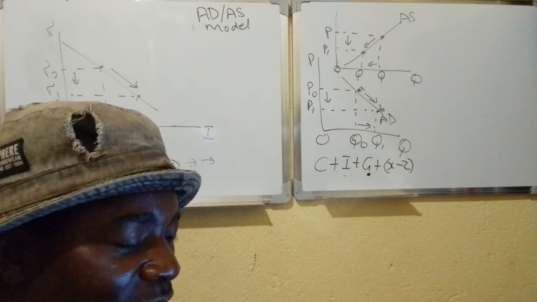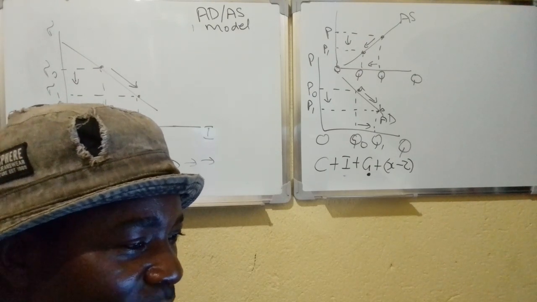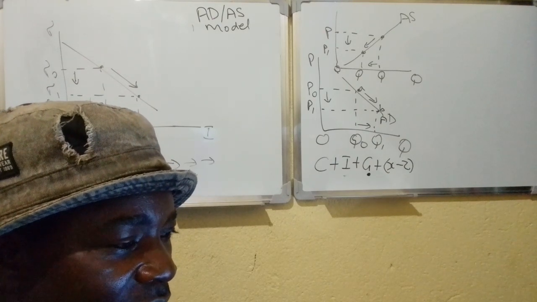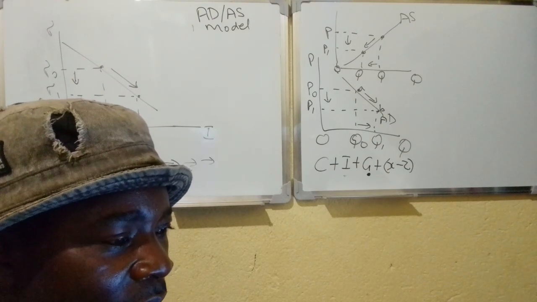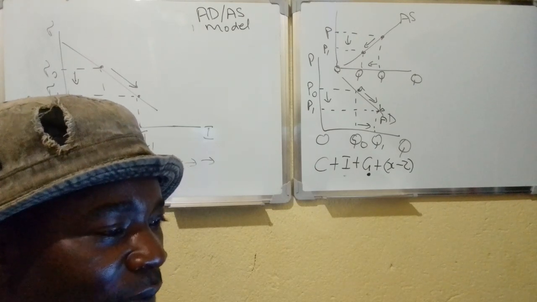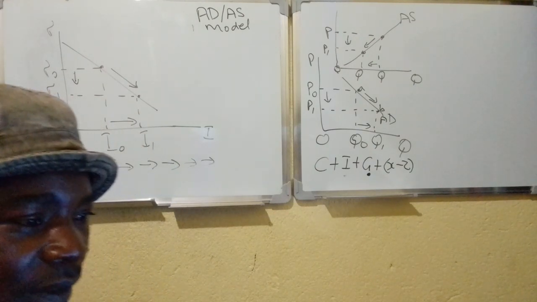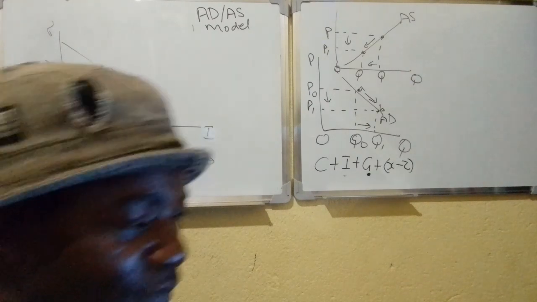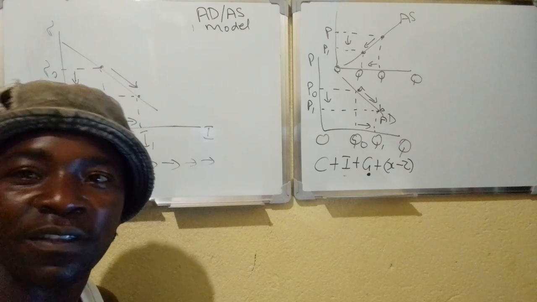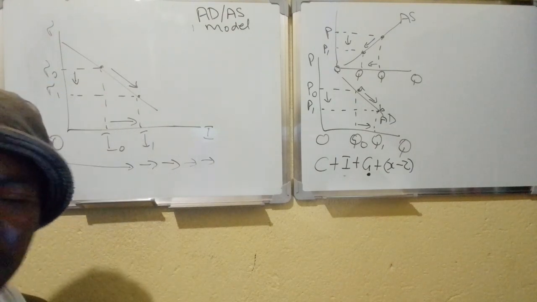The monetary and fiscal policy in the ADAS framework. This one you need to read. What I'm going to touch on a little bit is the policy lags. It's one of the dilemmas that policies face, both monetary policy and fiscal policy in the economy.